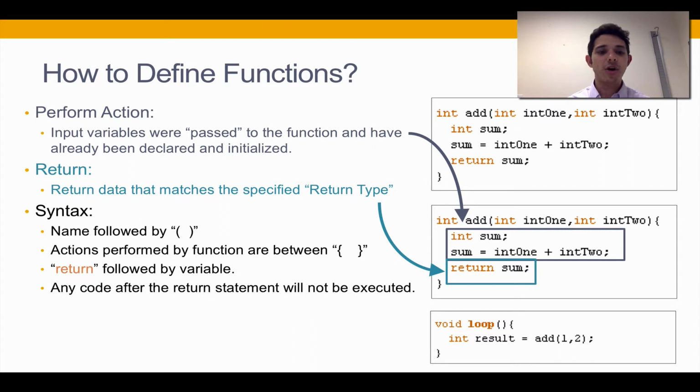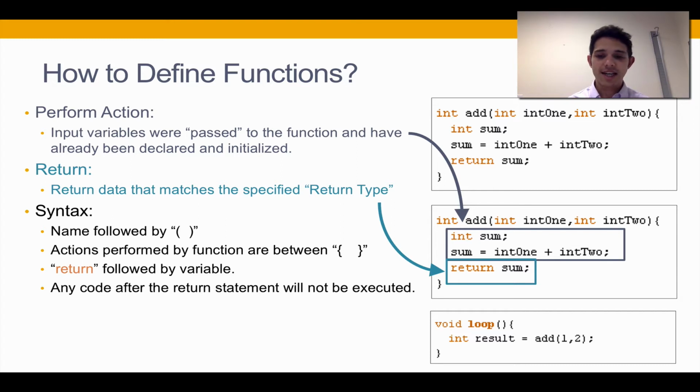Some important things to note: the name of the function will be followed by parentheses, and in those parentheses, you'll put the inputs to the function. The actions that the function performs are going to be surrounded by braces, these curly braces as shown on the right-hand side.